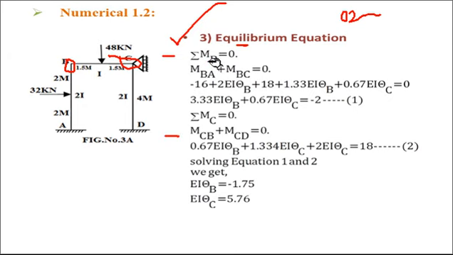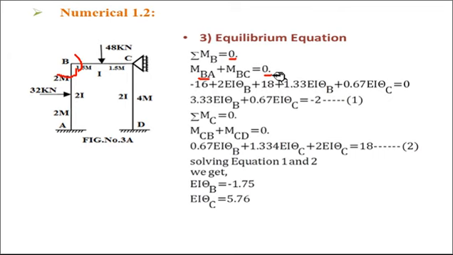So here you see there are 2 equations. How to take those equations? Now for joint B, to maintain the stability, the moments coming from the adjacent members over B, their summation should be 0. So the vertical member putting the moment MBA plus MBC is equal to 0.